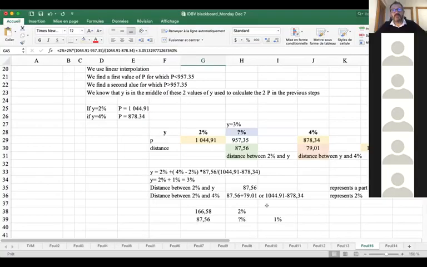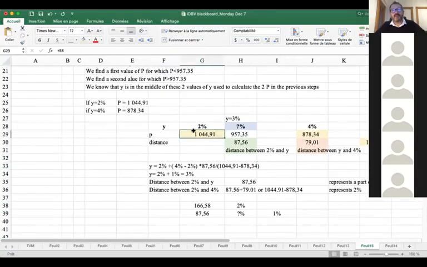Just now, coming back to some analysis of what we do. As we can see, when the rate is 2%, we get a price which is 144, right? And when it's 4%, we get a price which is 878. Just realize how it goes.